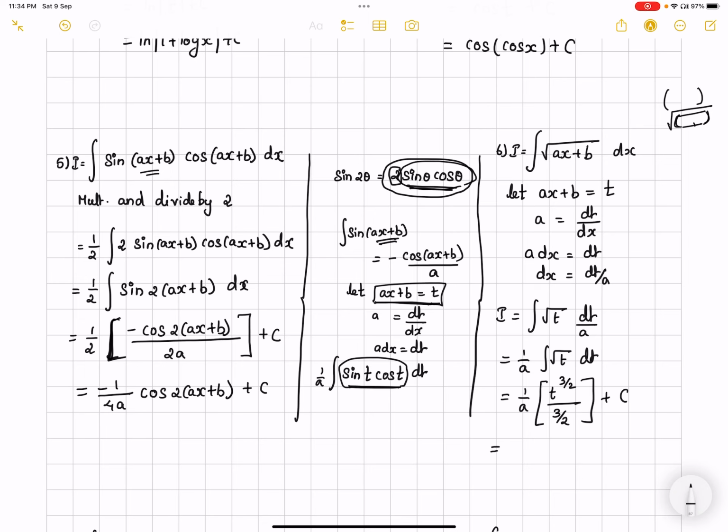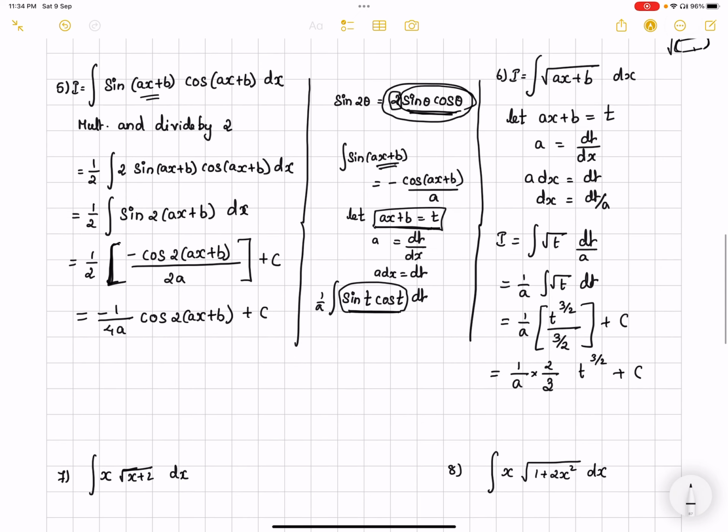So now here I would be having 1 by a, and here 3 by 2 which is there. 2 lies in the denominator, that means it's going to become a numerator, into 2 by 3. I would be getting t to the power 3 by 2 plus c.